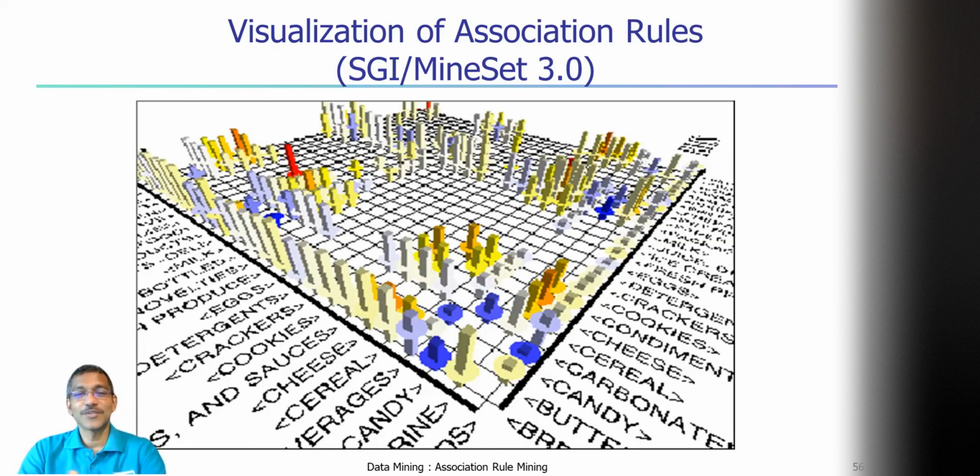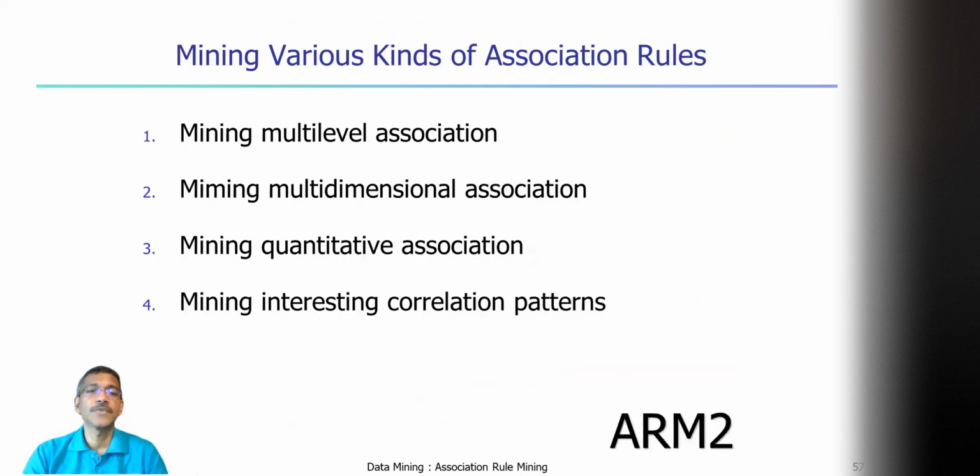In this one, it's very similar to the first graph that I showed you, but in addition to saying left-hand side and right-hand side, they are showing the actual items that are there. That would be a better way of visualizing and understanding. In the previous case, you need to find what these left-hand side items are, right? Here we are showing the items in this visualization. That's the point that I wanted to make on this one.